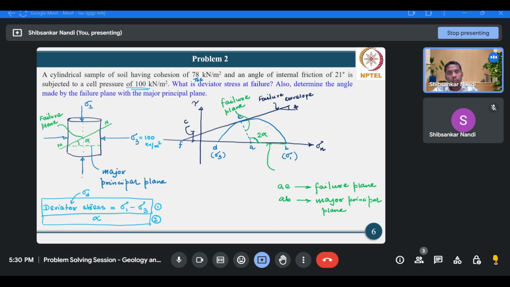So if we clearly observe the Mohr stress circle, then what is this AE?